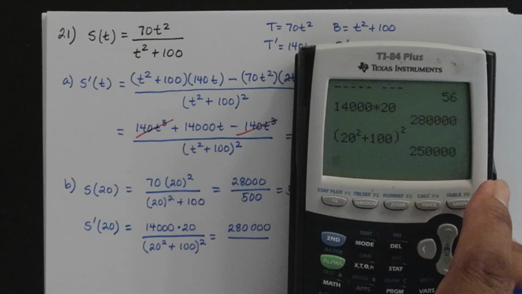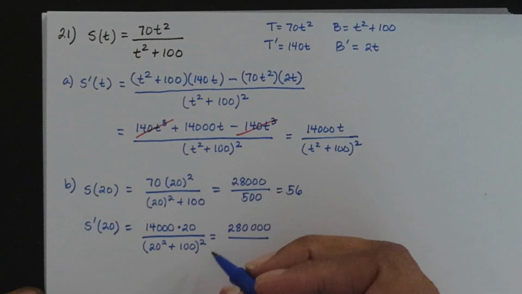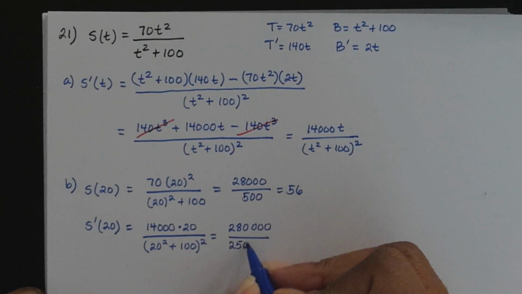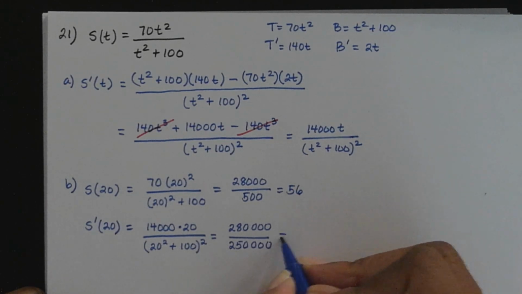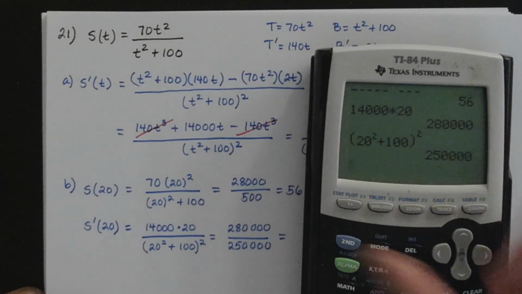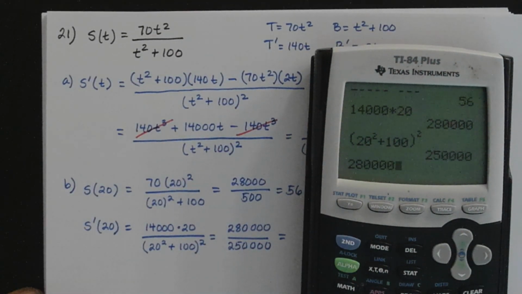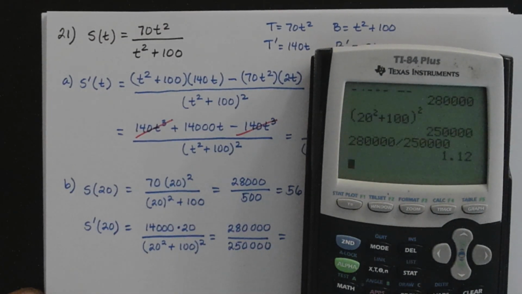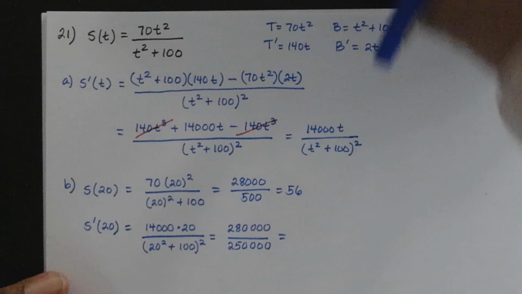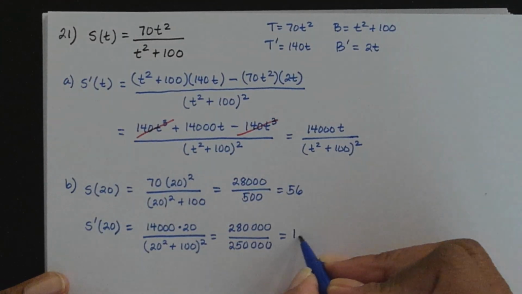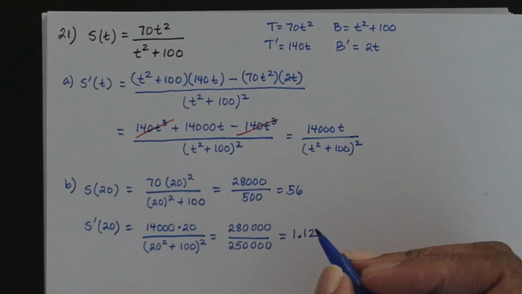That's going to be 250,000. So 280,000 divided by 250,000 is going to be 1.12.